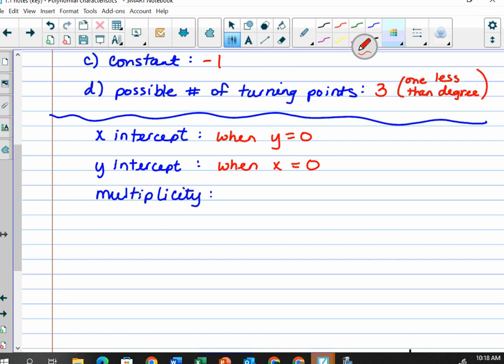Or are you like, I've heard it, but I don't really know what to do with it? Kind of. It definitely has to do with the factors. It's when the factors happen more than once. So if you have x plus 3, that quantity raised to the 3rd power, that has multiplicity. Okay? So when the same factor repeats is how we'll talk about multiplicity.